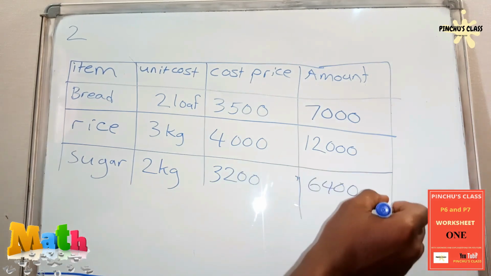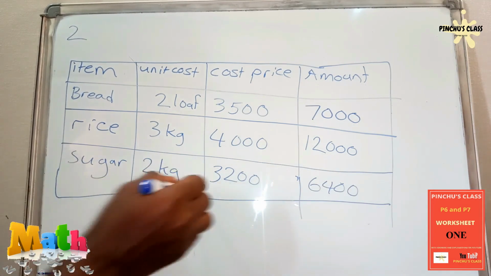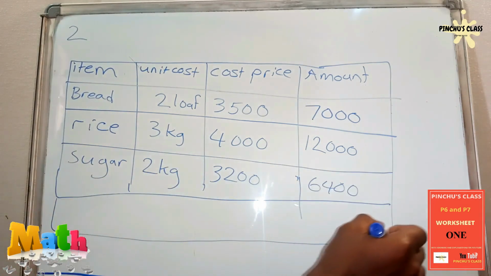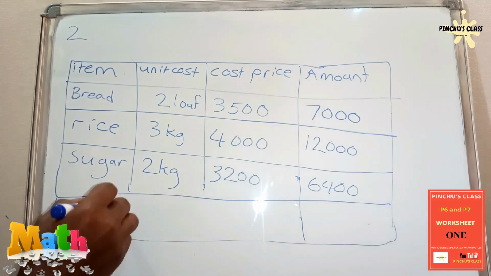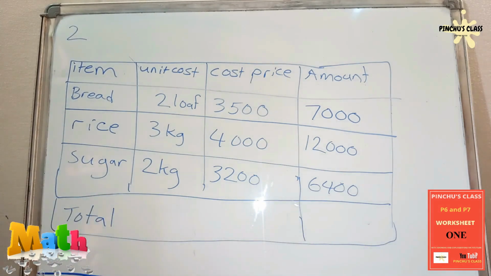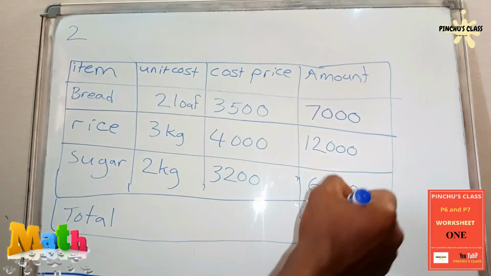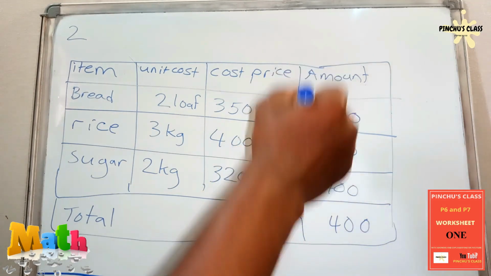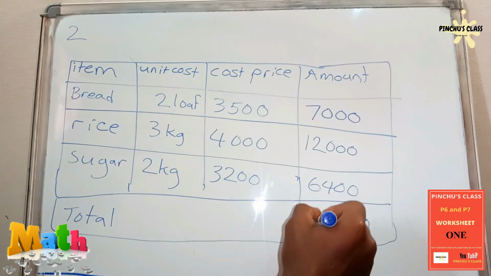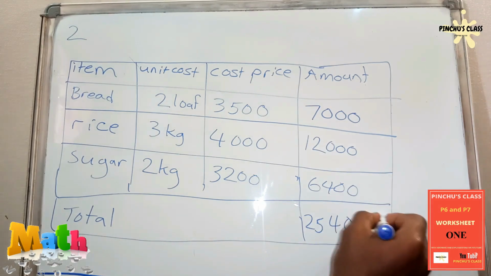And therefore, after finding all that, we can get the total. So the total is going to be, so we add this one, then this one is 4, and then this one is going to be 25. So this is going to be shillings.